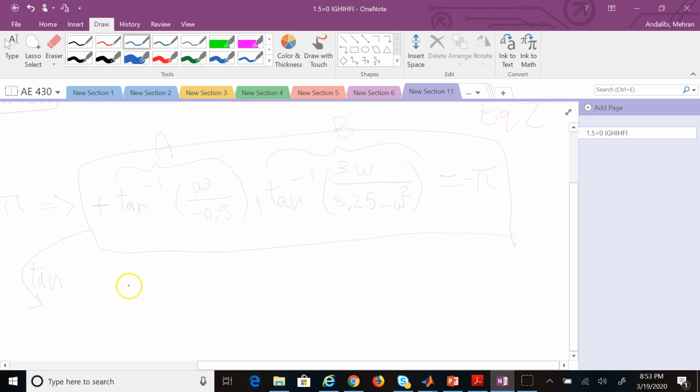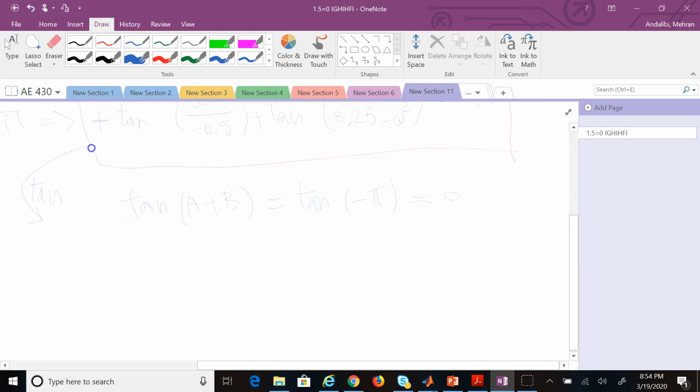Now when I take tangent, it is going to be tangent of A plus B is equal to tangent of negative pi. And we know tangent of negative pi is what? 0, right? Because it's sine over cosine, and sine of negative pi is 0, cosine of it is negative 1. So tangent of that is 0. Now, what is tangent of A plus B?